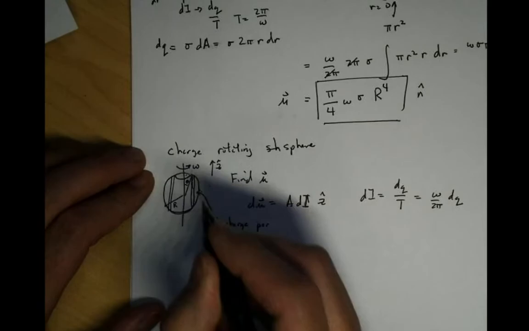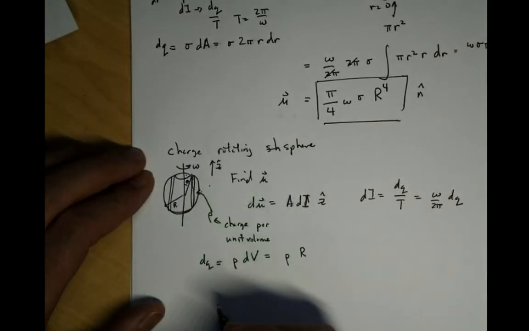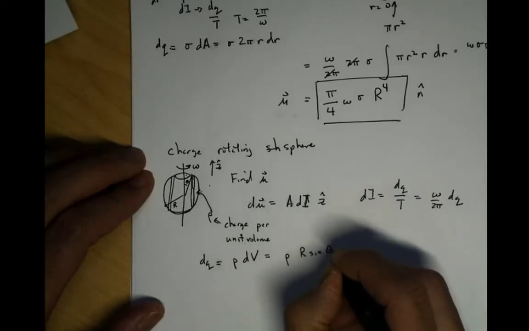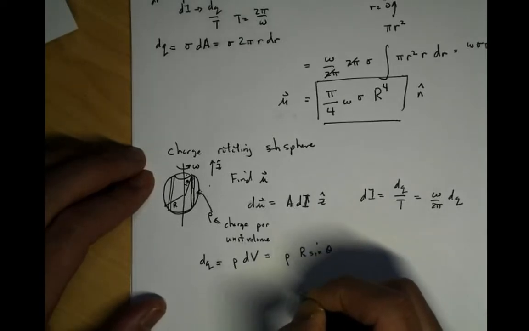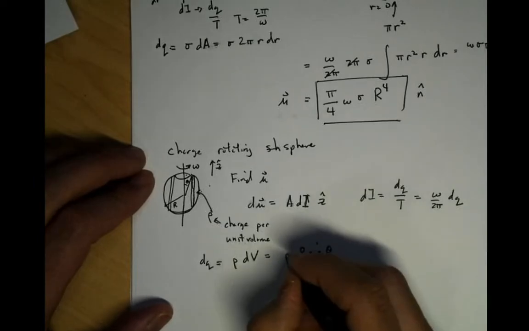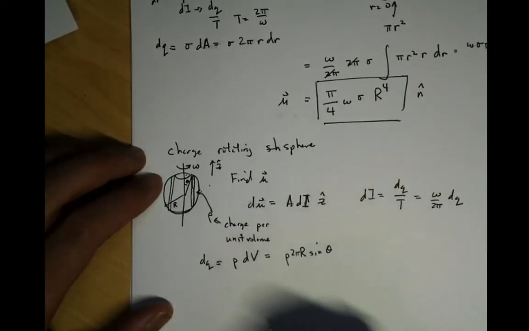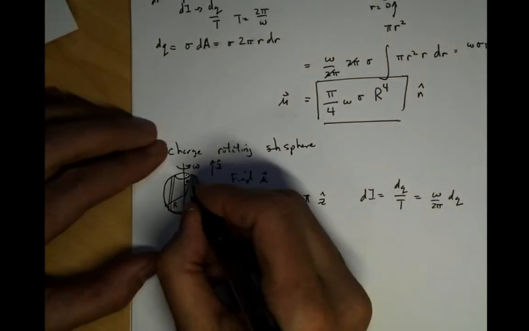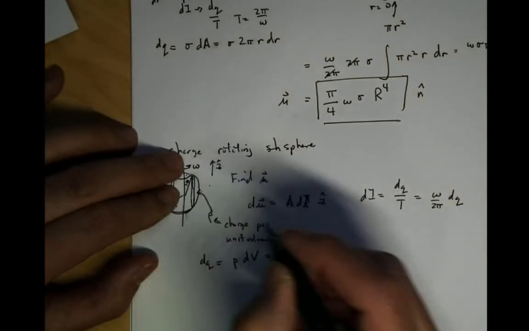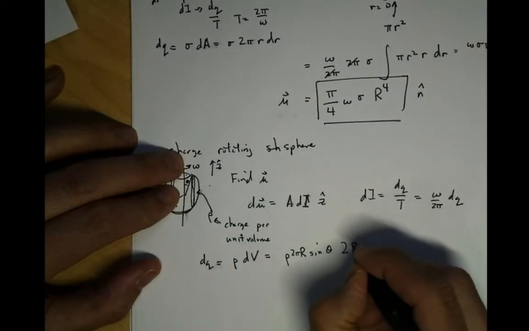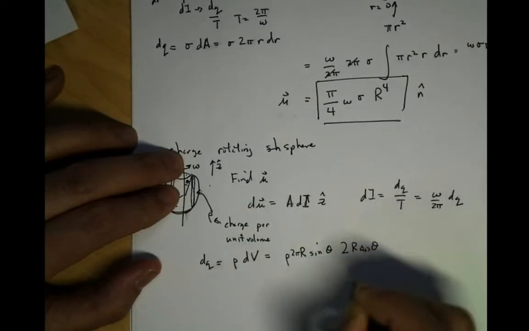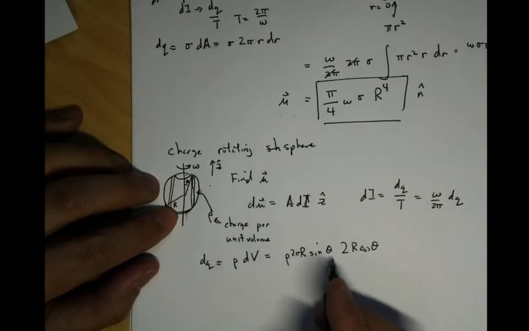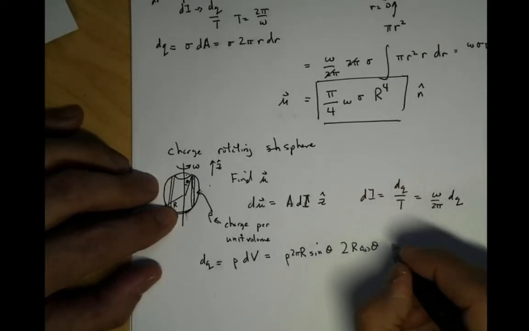Let's see, so this distance here is going to be r sine theta, and that's going to be a 2 pi times that, right? And then I'm going along here. This part is r cosine theta, but there's two of them, so it's 2 r cosine theta. Good. So that's the length, the width, and the depth is going to be dr.